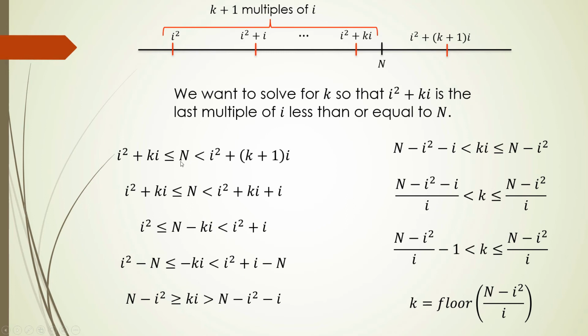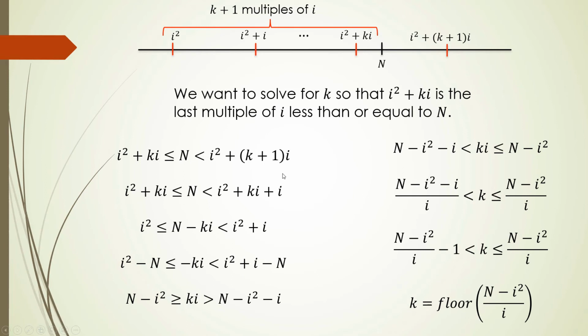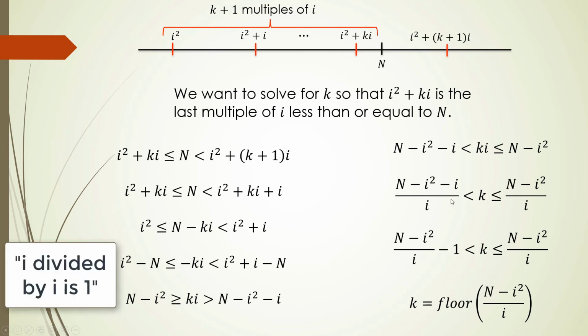And very similarly, we can solve for k here. How does that work? Well, we multiply the i across. We subtract ki. We subtract n. We multiply by negative 1. We flip everything over. We divide by i. Over here, i minus i is 1.